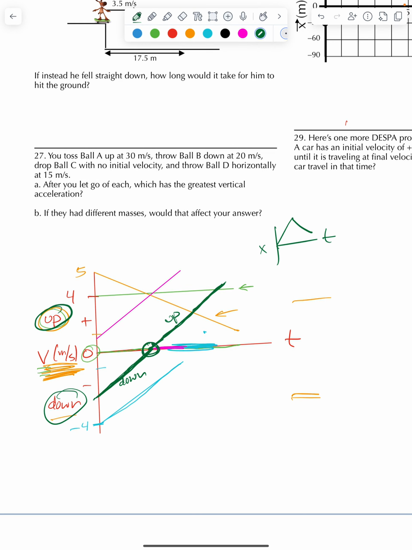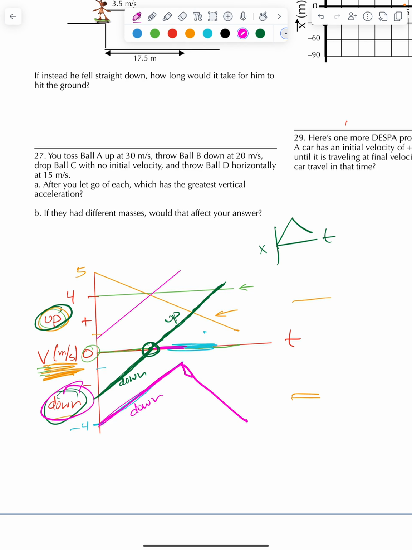Now, a couple other things. Let me just do a couple more, then we'll move on. I'll use the same color, magenta. What if we did this? I'll overwrite that one. Oops, I meant to do that. So let's interpret what's going on. Which direction are we heading from here to here? We're heading down, right? Because we have a down velocity, but we're slowing down.